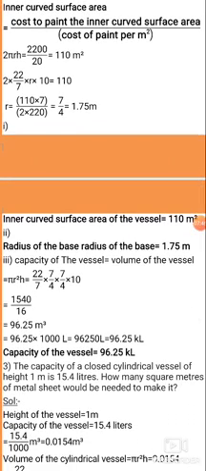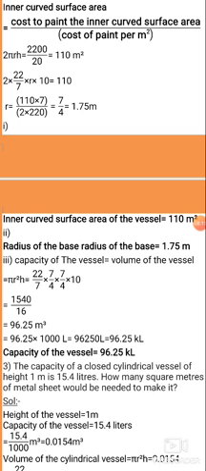Now the third question. The capacity of the closed cylindrical vessel of height 1 meter is 15.4 liters. How many square meters of metal sheet would be needed to make it? Now the height of the vessel is 1 meter. Capacity of the vessel is given as 15.4 liters.